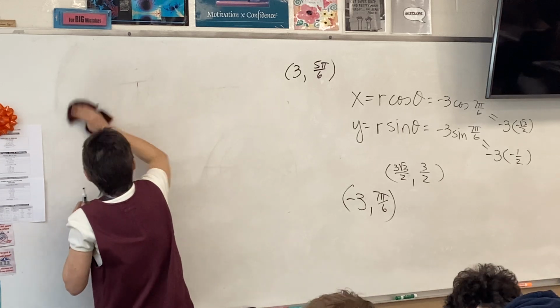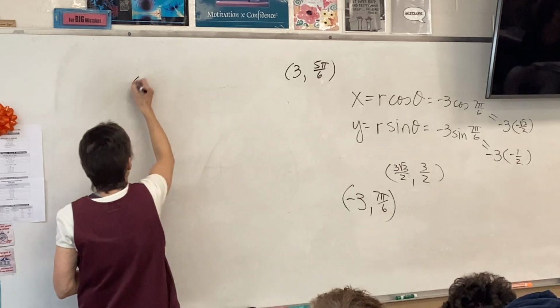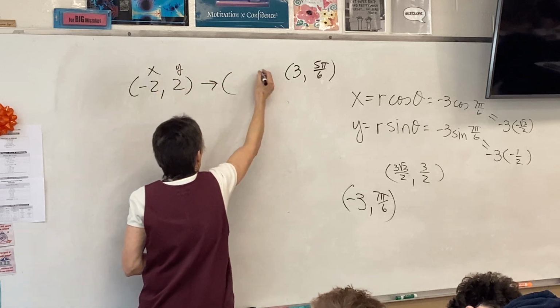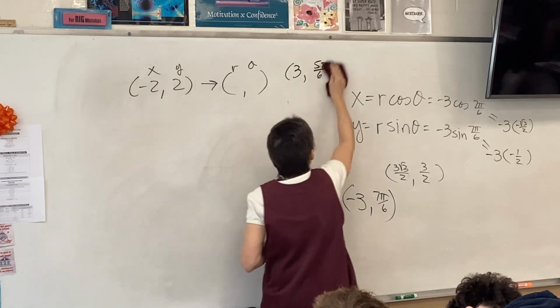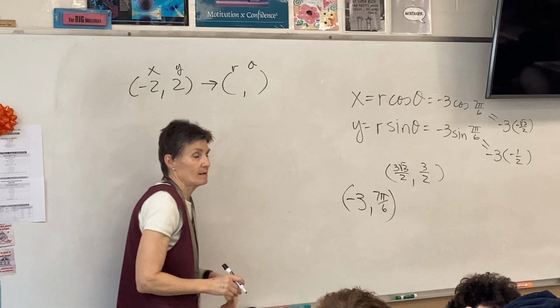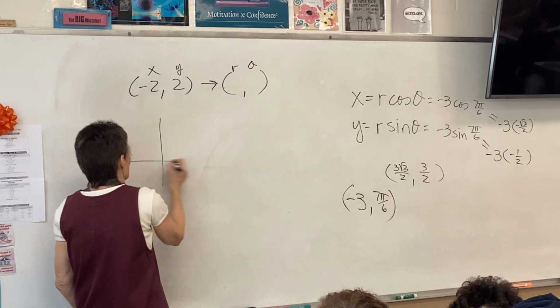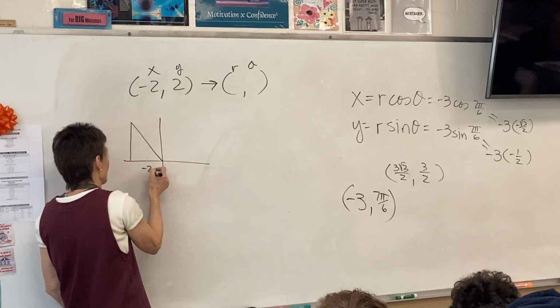So in other words, we are starting with -2, 2, and that's an x and a y, and we want to change that to an r and a theta. This is super easy. -2, 2. If I plot that, would you agree it looks like this?